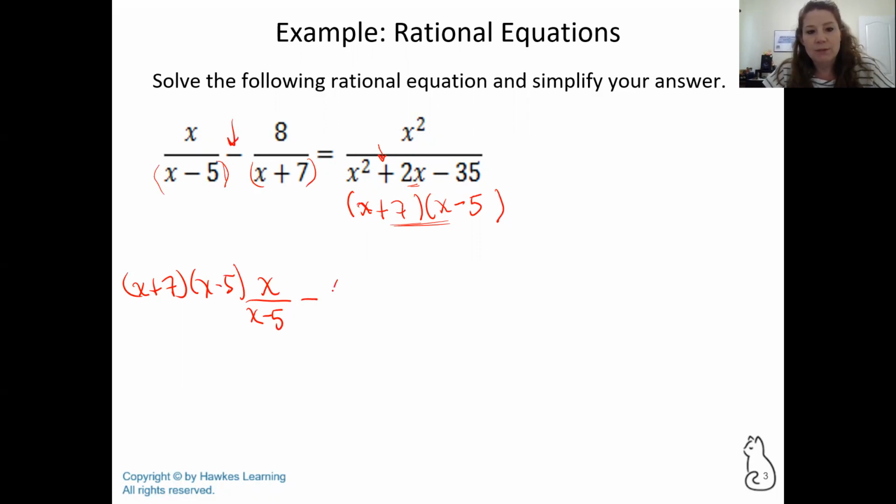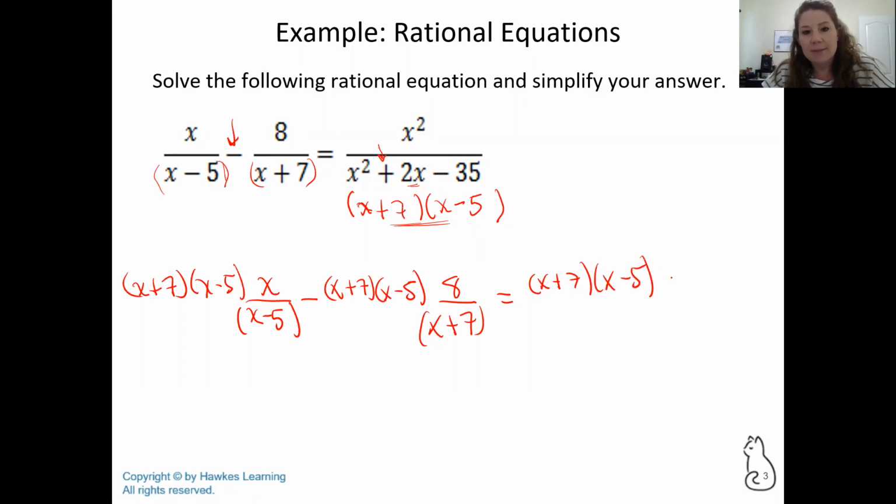Then I rewrite x plus 7, x minus 5, and multiply it by the second term, which is 8 over x plus 7. Then equals, x plus 7, x minus 5 times x squared over x plus 7, x minus 5. That's a lot of writing, isn't it?